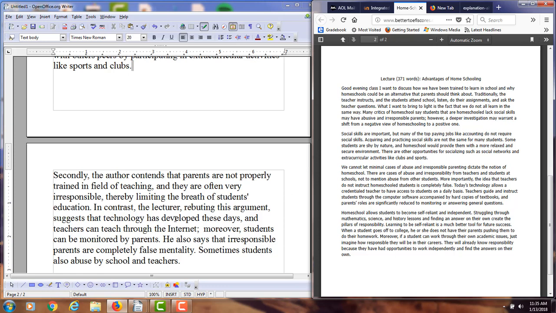So this is where we have to do something here. It says the idea that teachers do not instruct homeschool students is completely false. So what do you say here? He also says that irresponsible parents are completely false mentality.